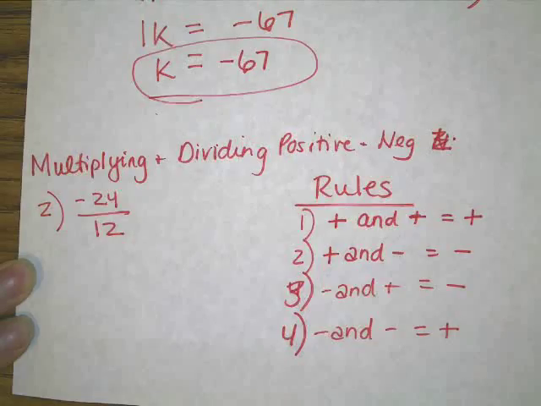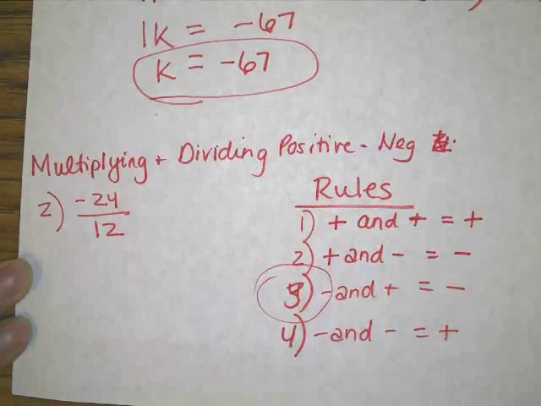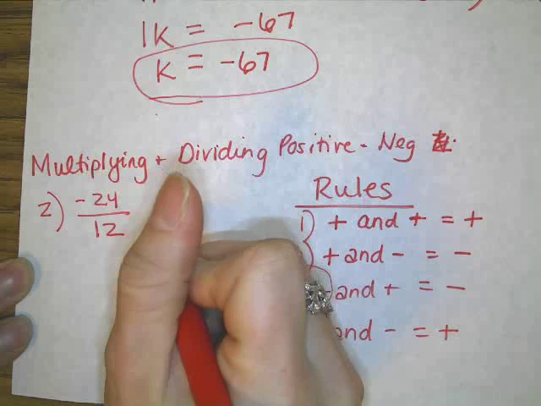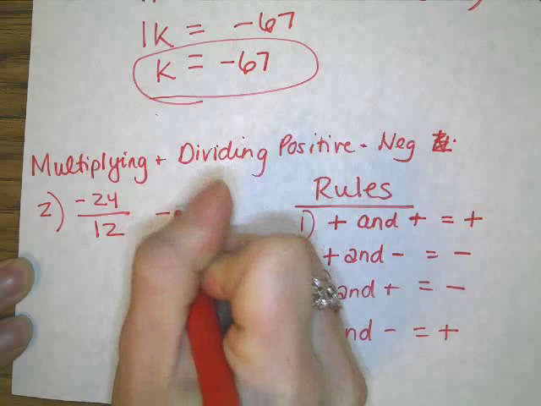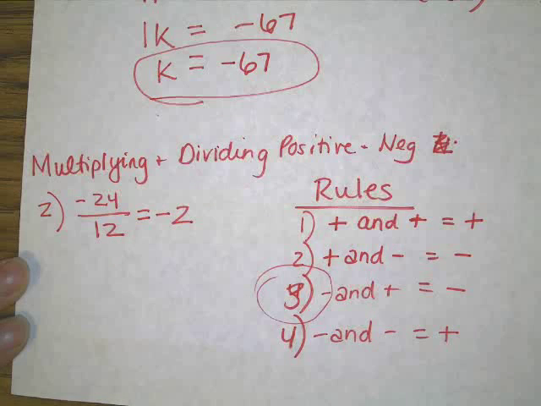Which rule? 1, 2, 3, or 4? This rule right here, right? Negative 24 divided by 12 is what? Negative 2.